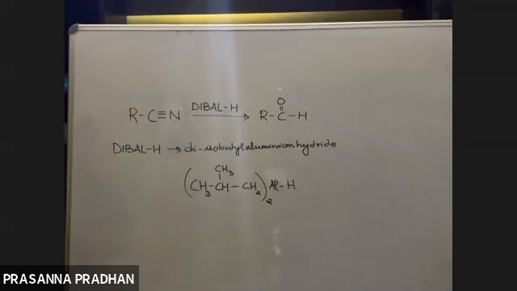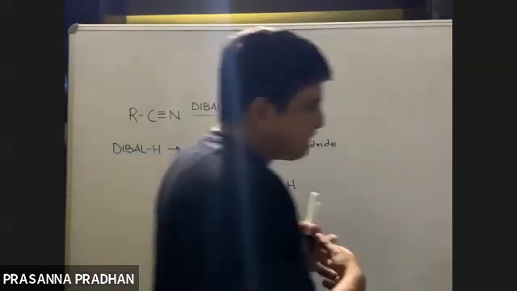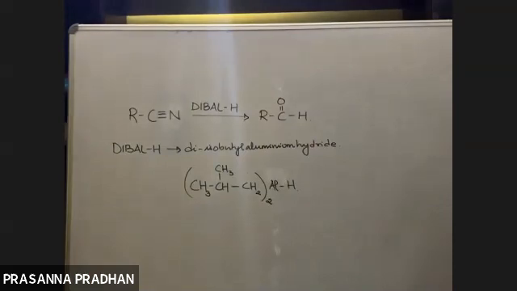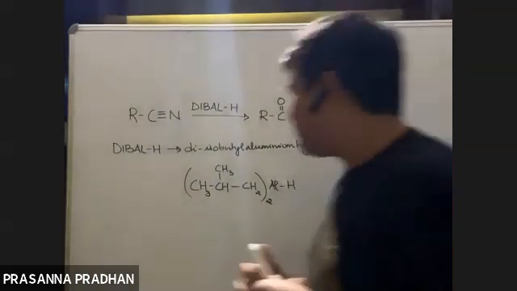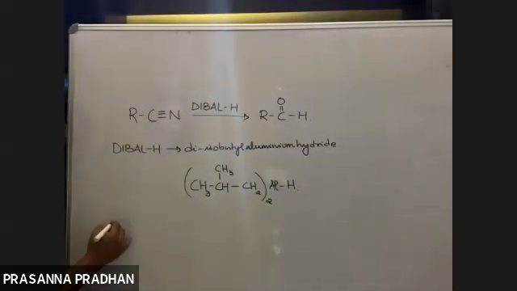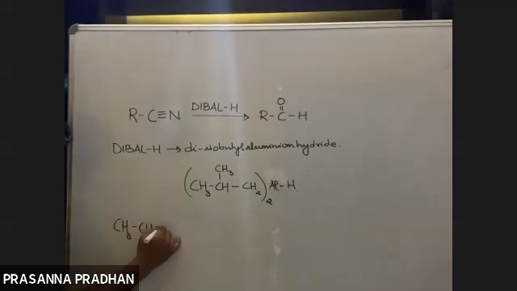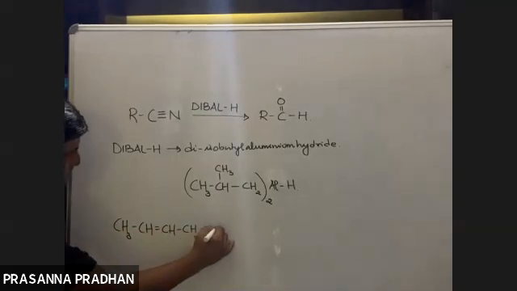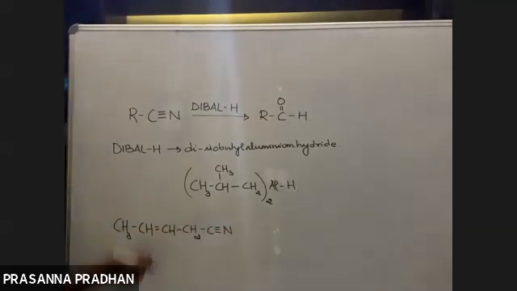Okay. Now you must be wondering why this complicated reagent. Why are we using this complicated reagent when we have a simple reagent, SnCl2 and HCl? Now, what is the reason? Say suppose I have this compound, with C triple bond N. So this is also a reducing agent. Hydride means it's a reducing agent.